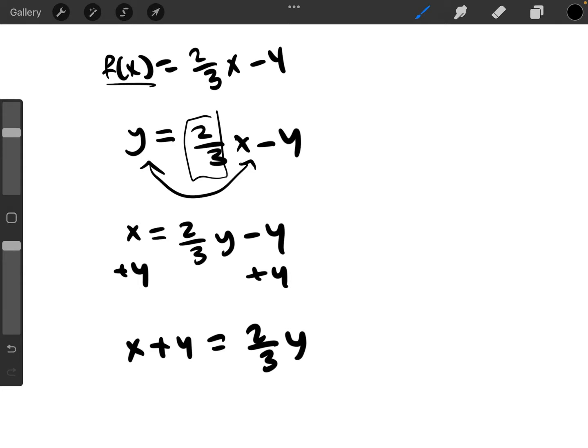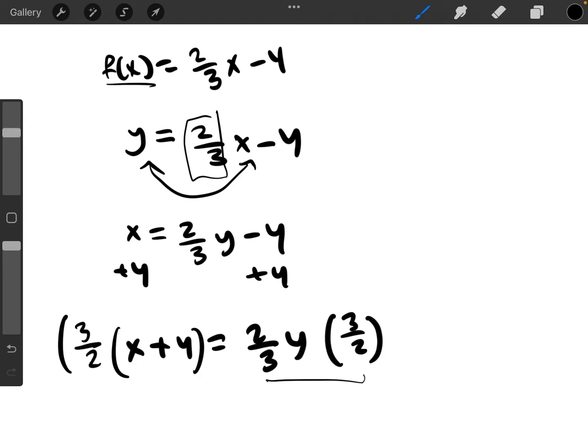At that point, to cancel out the fraction, we have to multiply by its reciprocal, like this. 2 over 3 times 3 over 2. And whatever we do on that side, we have to do on the other side. So x plus 4 times 3 over 2.